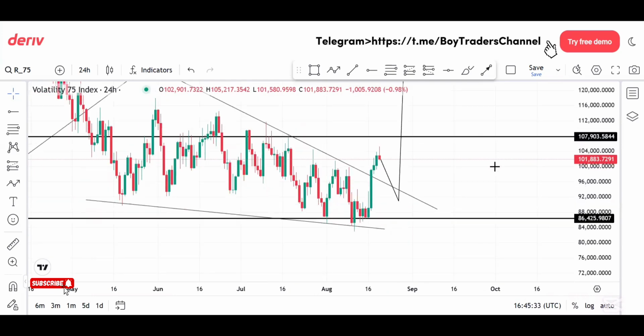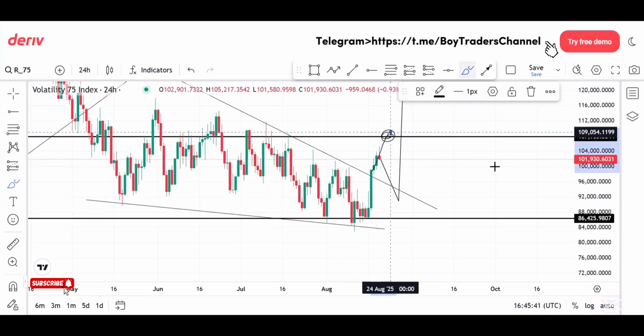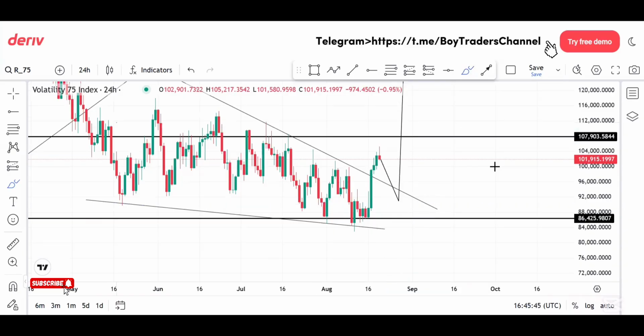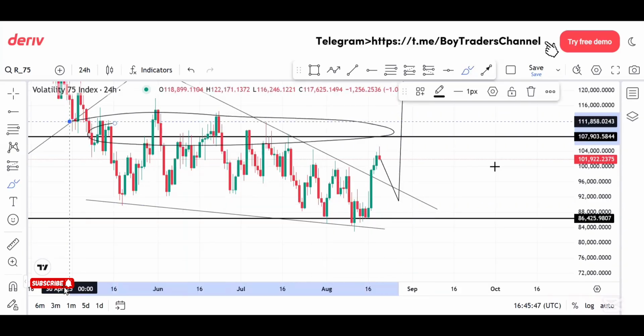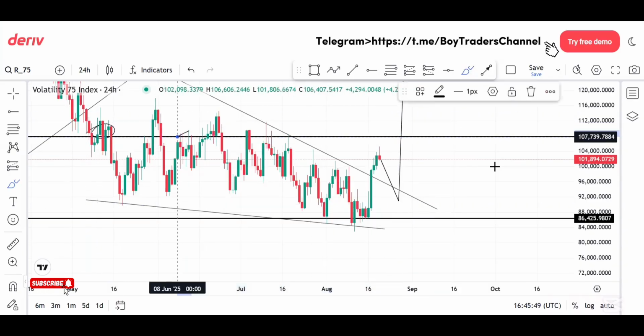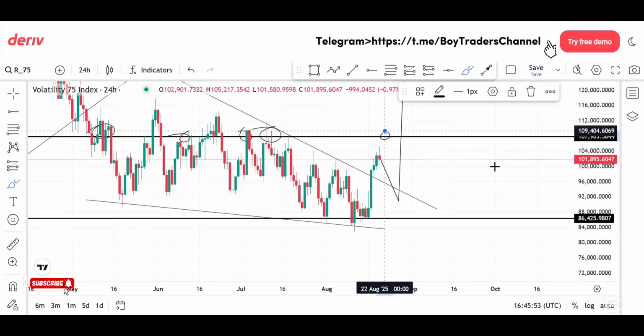This is the level that it has always been rejecting from. So if price pushes up to this level, there's a sell possibility. We could see price reject from this level based on the histories, with these past reactions, resistance there. So price could still do what? React to that level. So this is the essence of spotting out these historical levels.